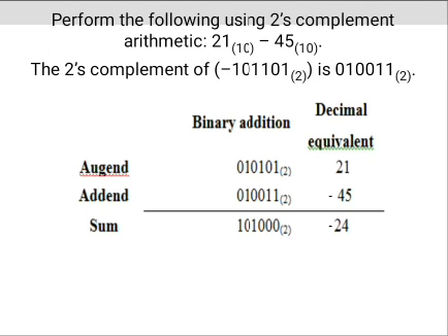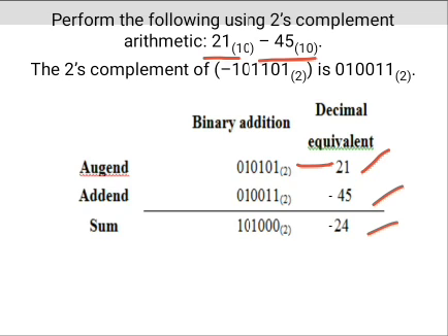Next, perform the following using 2's complement arithmetic. 21 minus 45. 21 minus 45 equals minus 24. So, the binary equivalent of 21 is this one.